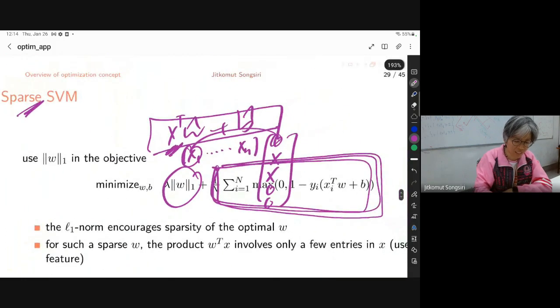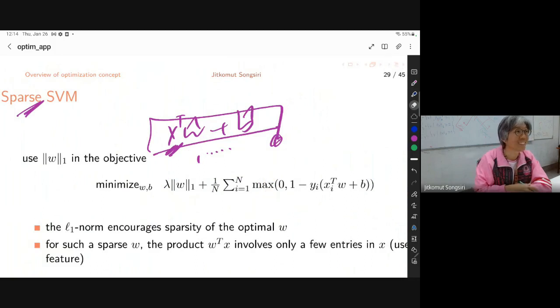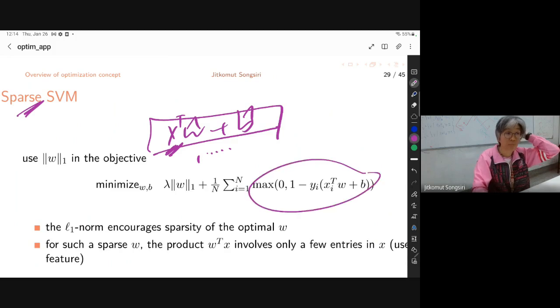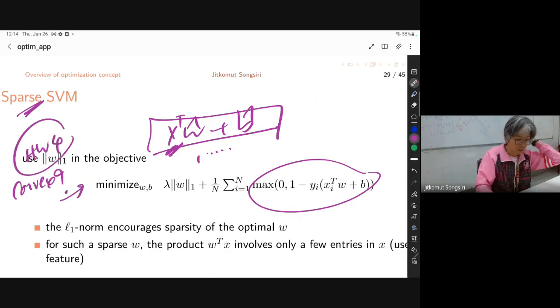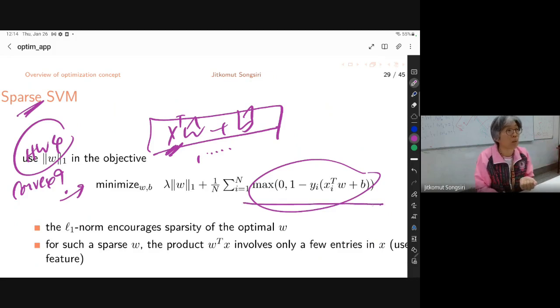Is the problem convex? Why is it convex? Does this function look convex to you? Maybe homework: why is this problem convex? Again, you have seen the trick before.